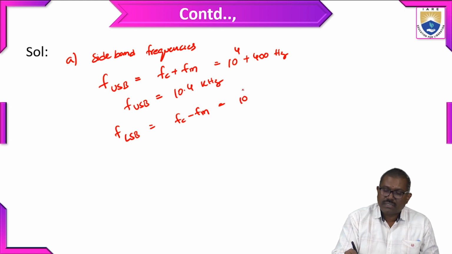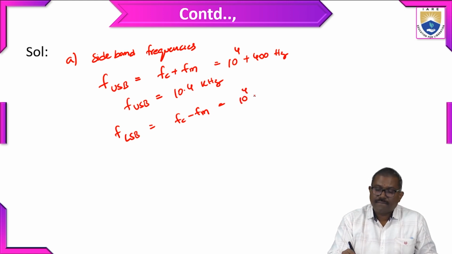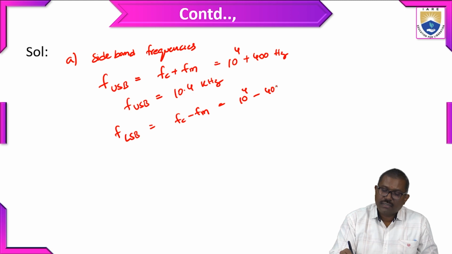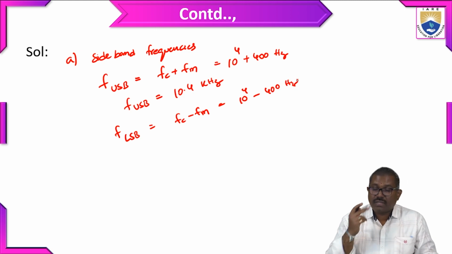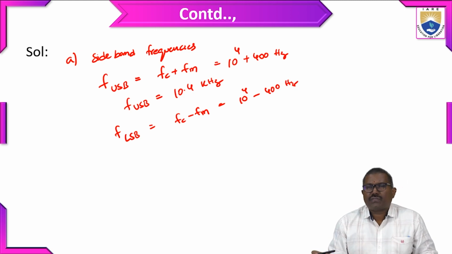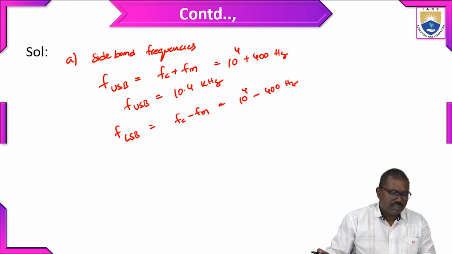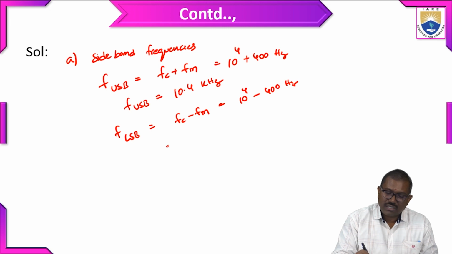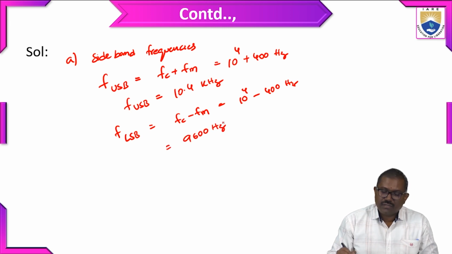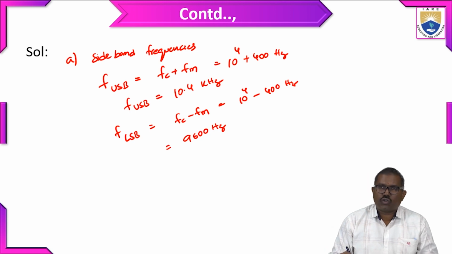So nothing but 10 to the power of 4 minus 400 hertz. So 10 kilo minus 400 hertz. So it is nothing but 9600 hertz, or simply 9.6 kilo. Okay.